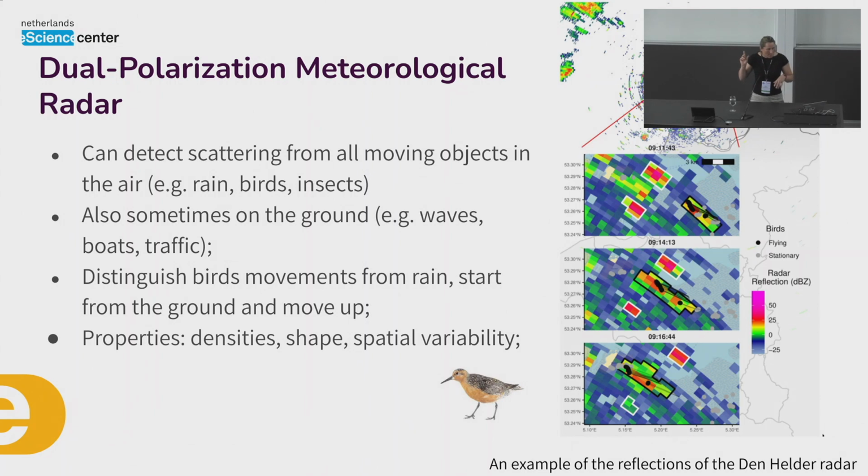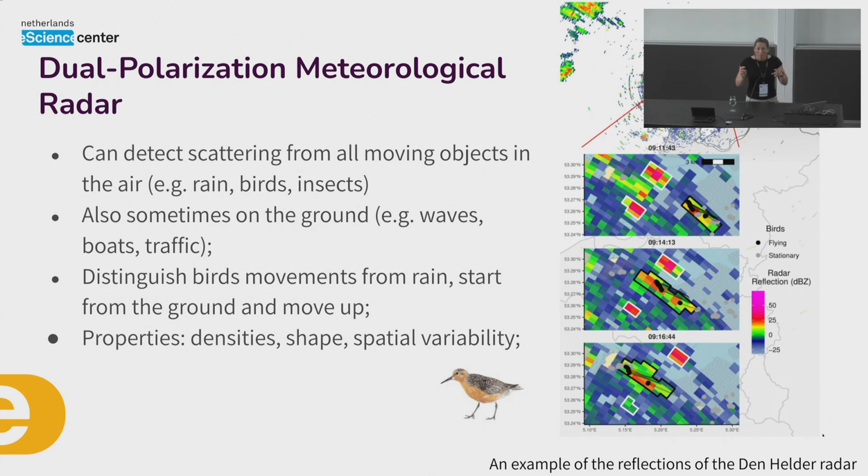So for this project, just to move on, on the right side you can see an example of reflections in one of the radars in the Netherlands, which is based in the north of the country. You see timestamps every 2 minutes, and you can get the image by looking at one of the features. In this particular case, it's reflections.